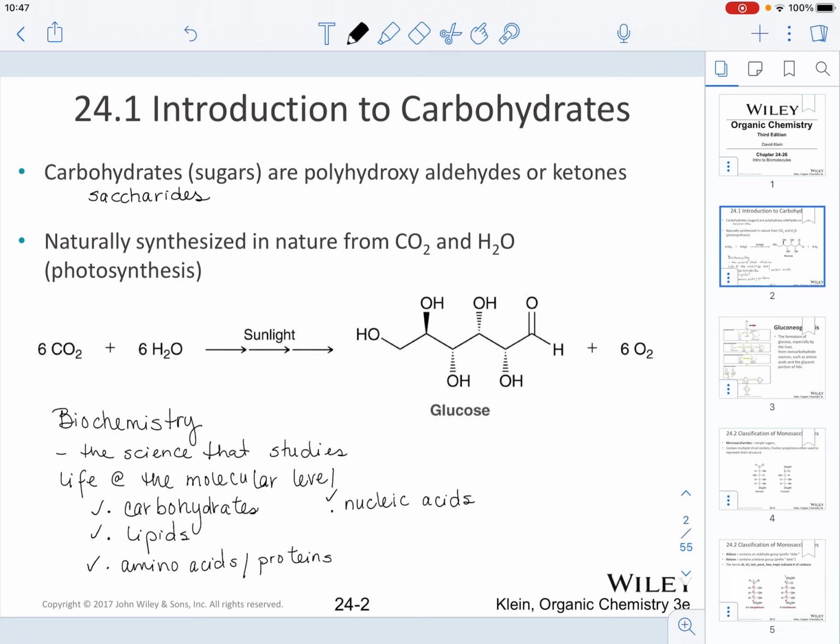And understand that the term carbohydrates comes from the idea that these biomolecules are going to have the general formula CnH2nOn for the monosaccharides.